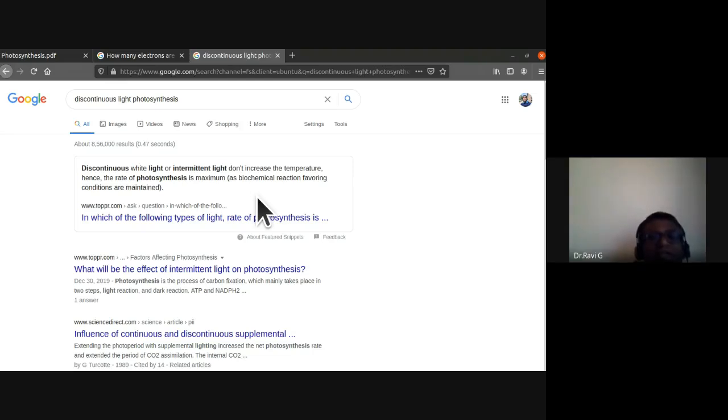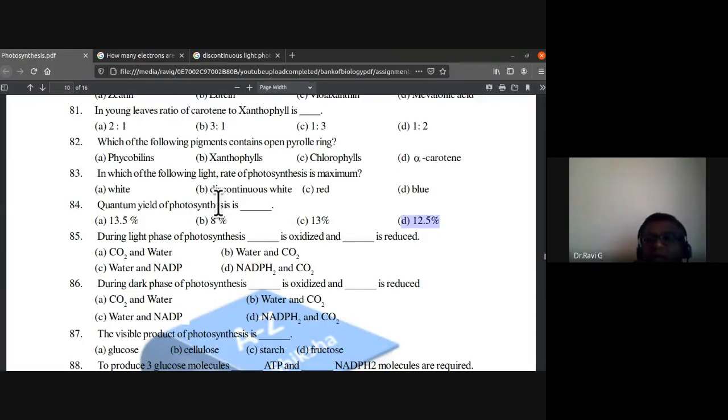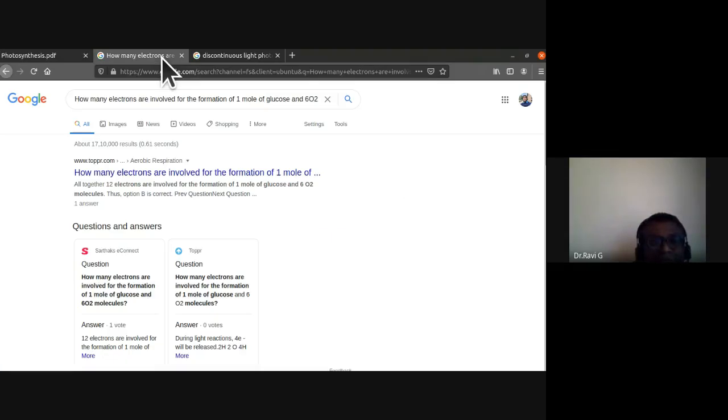Hence the rate of photosynthesis is maximum, as biochemical reaction favoring conditions are maintained. So discontinuous white light or intermittent light doesn't increase the temperature, because of which the rate of photosynthesis is maximum in discontinuous light. That is a correct choice. So there is nothing wrong in that. So it is 12.5%.